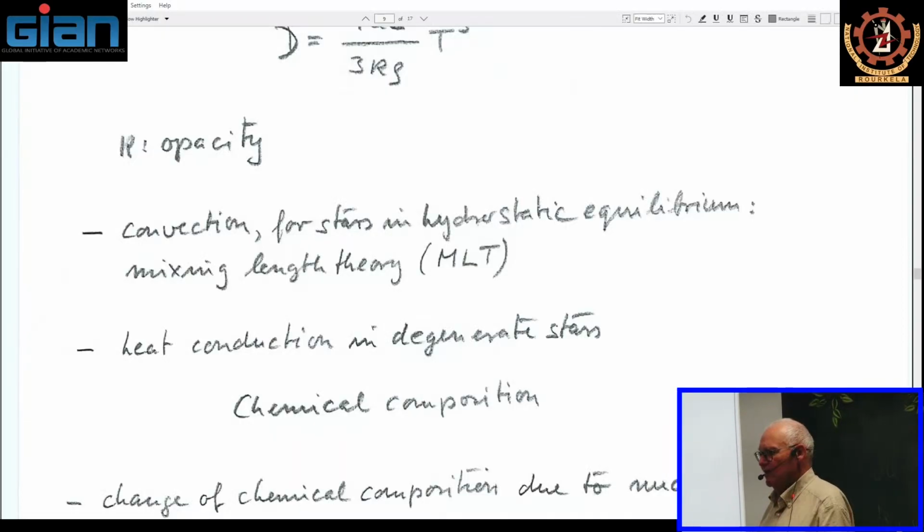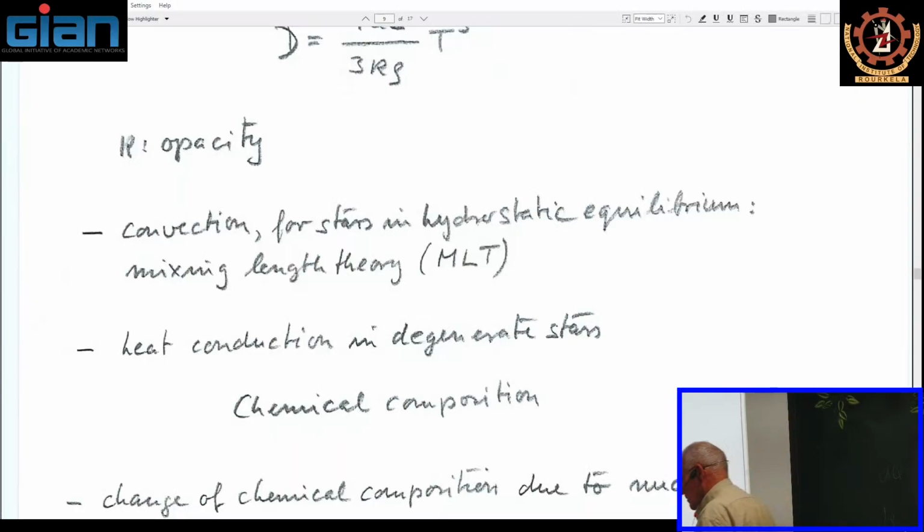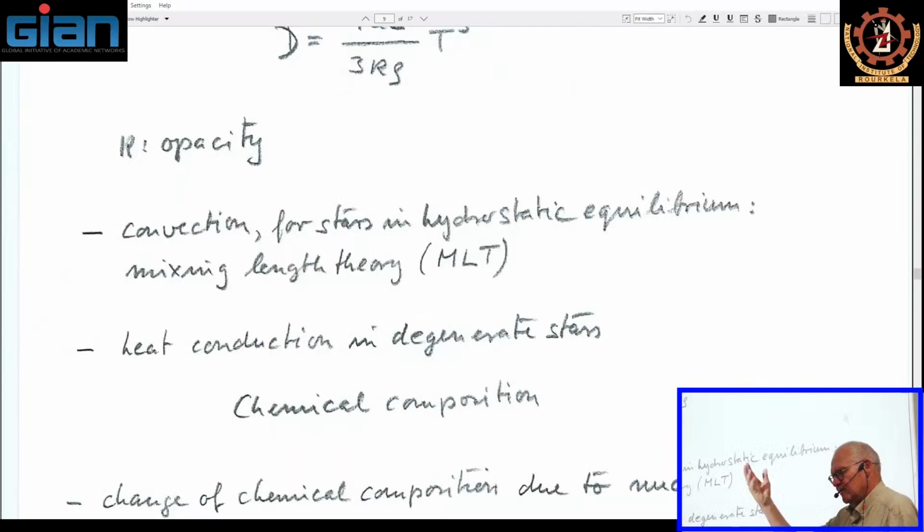So if you have stratification of density and temperature in Earth's atmosphere or in a star, then this stratification may not stay as it is, but it can become unstable, and then some blobs of material will rise and some blobs of material will fall, and this motion will transport energy by its macroscopic motion. It will take energy from the bottom and release it somewhere at the top, and then it falls down again and simply gets energy at the bottom and transports it again to the top.